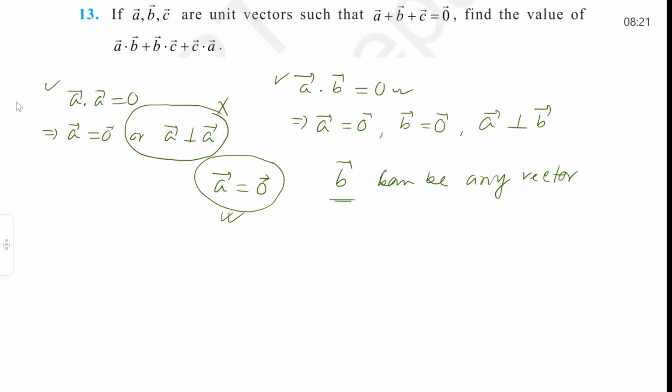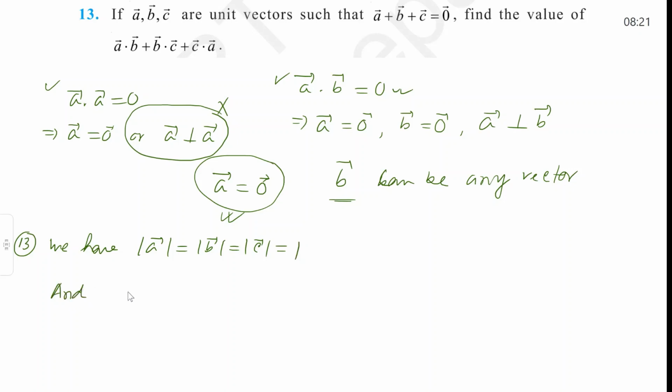So you write here solution number 13. We have mod of A bar equals mod of B bar equals mod of C bar, and these are unit vectors, so their modulus is equal to 1.